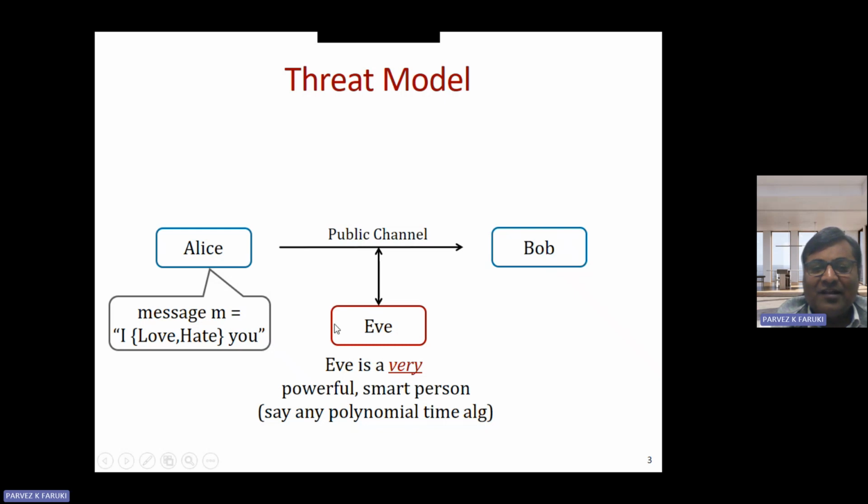So in that sense, Eve is a responsible attacker. Eve is an attacker who is responsible for ensuring that the secrecy or privacy, the security and privacy between these two, is somehow breached.